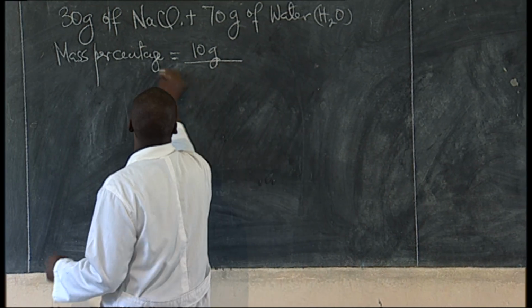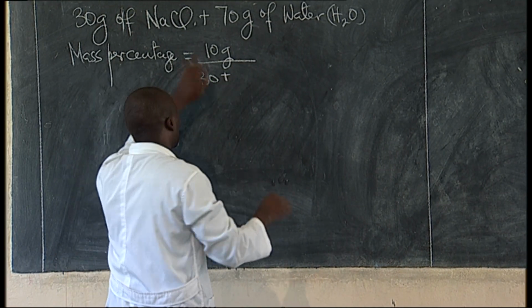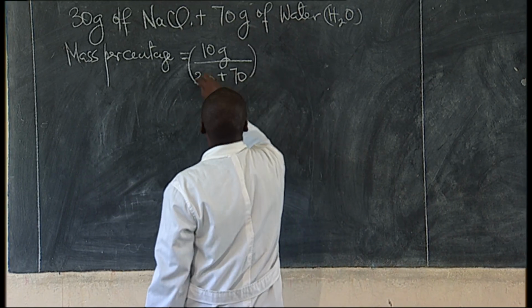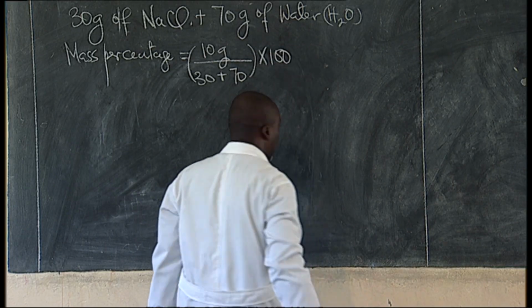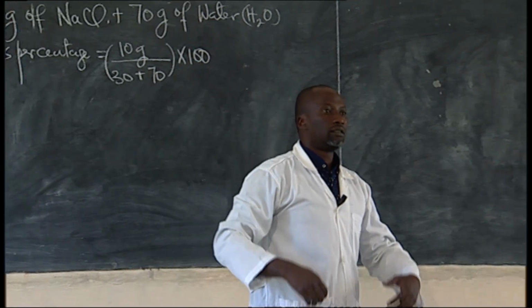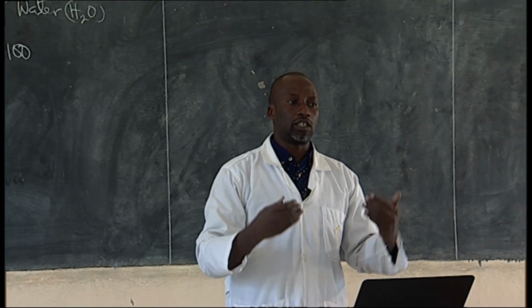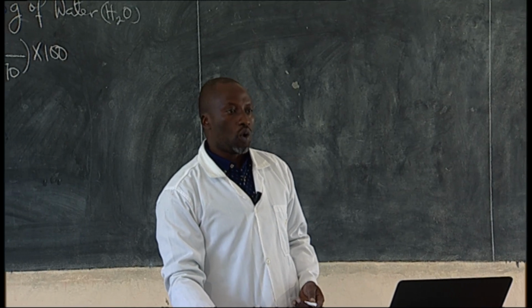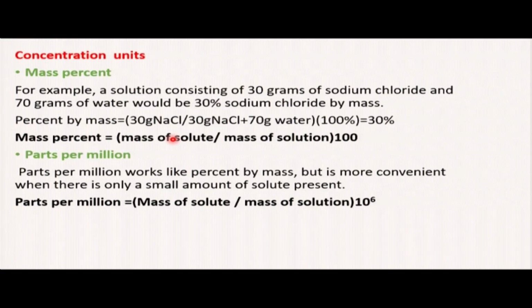The solution is made up of 30 grams of sodium chloride and 70 grams of water, multiplied by 100. That makes the mass percentage of the solution. So the mass percentage is equal to the mass of the solute, the sodium chloride, divided by the mass of the solution. The solution, remember, is made up of water and the sodium chloride.